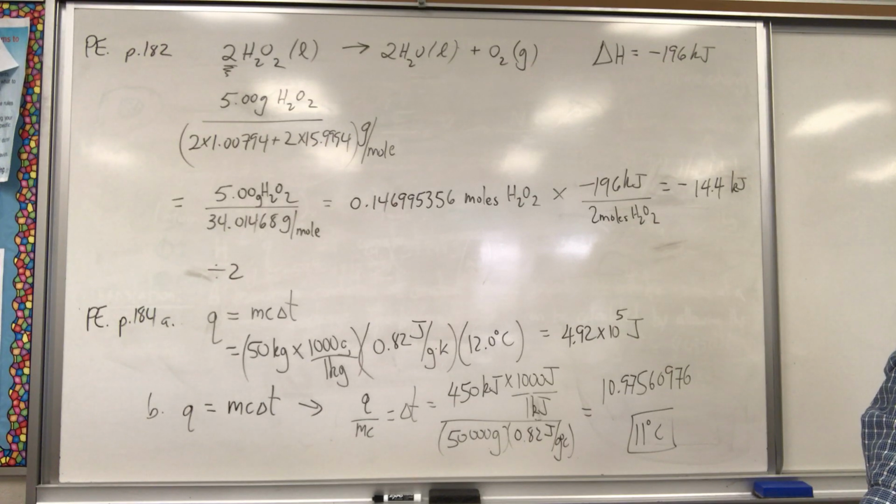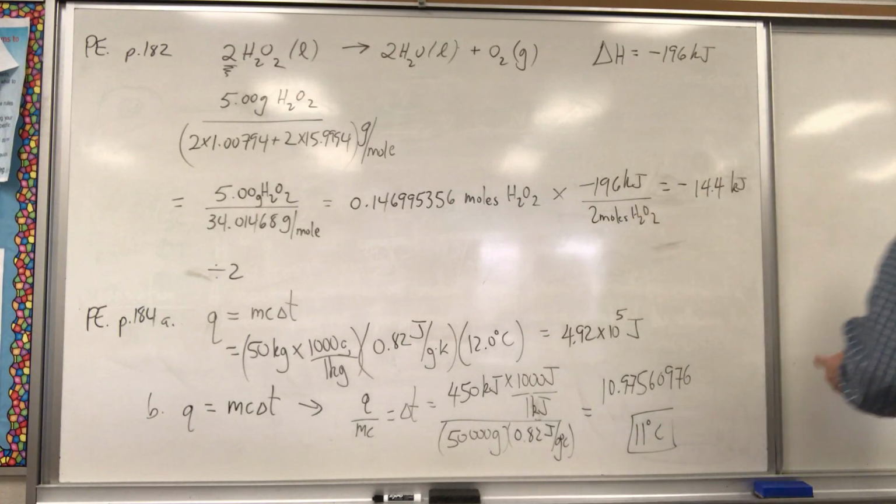The temperature increase is caused by the following reaction. So it's silver nitrate reacting with hydrochloric acid to give you silver chloride and aqueous nitric acid as a byproduct. Calculate delta H for this reaction in kilojoules per mole of silver nitrate used, assuming that the combined solution has a mass of 100 grams and a specific heat of 4.18 joules per gram degree Celsius.